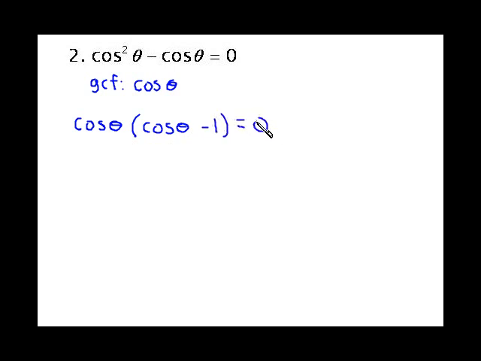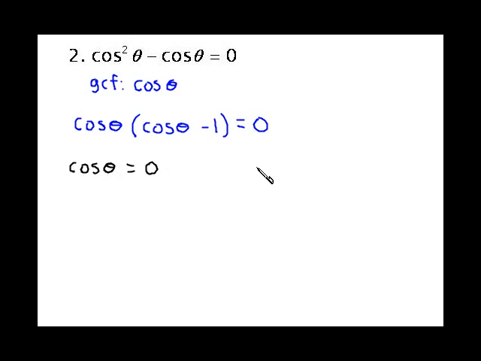What's interesting about this problem, in my opinion, is that we're dealing with quadrantals. So cosine theta is equal to 0.